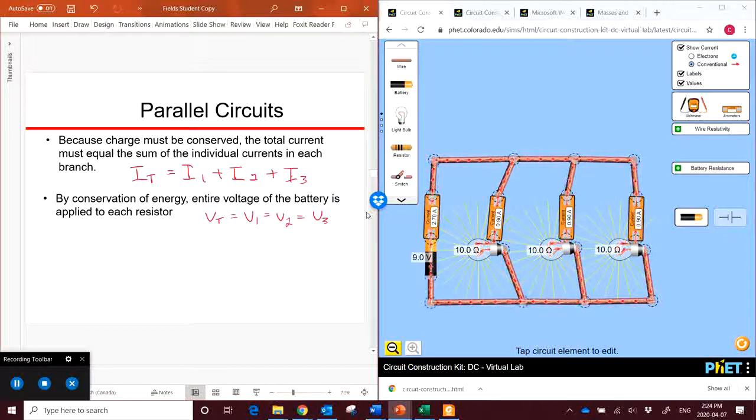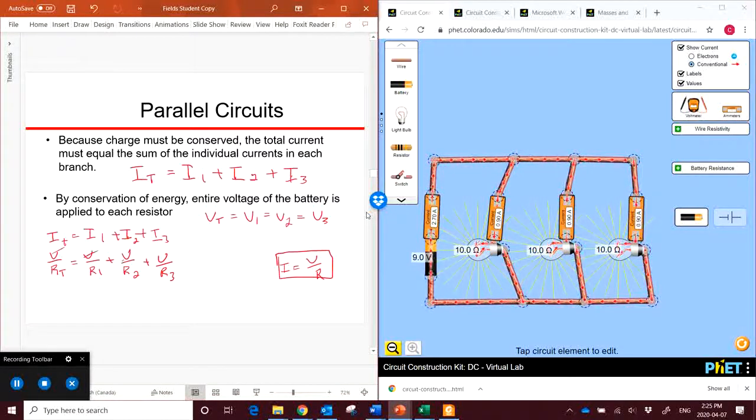Now combining these two together, let's take our current equation again. IT equals I1 plus I2 plus I3. And we apply Ohm's law to this. So by substituting Ohm's law, we're going to use I equals V over R in this case. We can substitute this and we get V over RT is equal to V over R1 plus V over R2 plus V over R3.